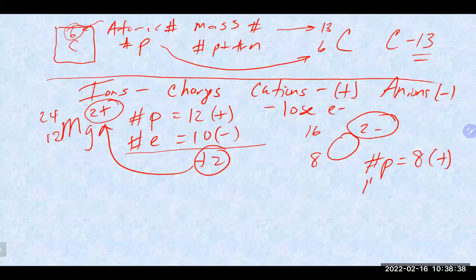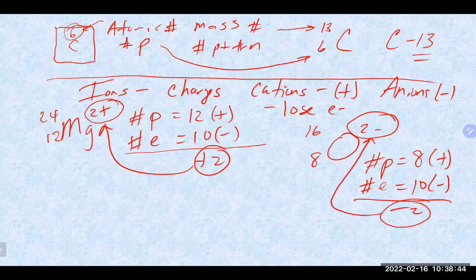So in this case it would have 10 electrons, giving us that -2 overall charge. So when we have things with charges, it is just the electrons that change, and either losing or gaining electrons will result in either a cation or an anion that has a positive charge or a negative charge.